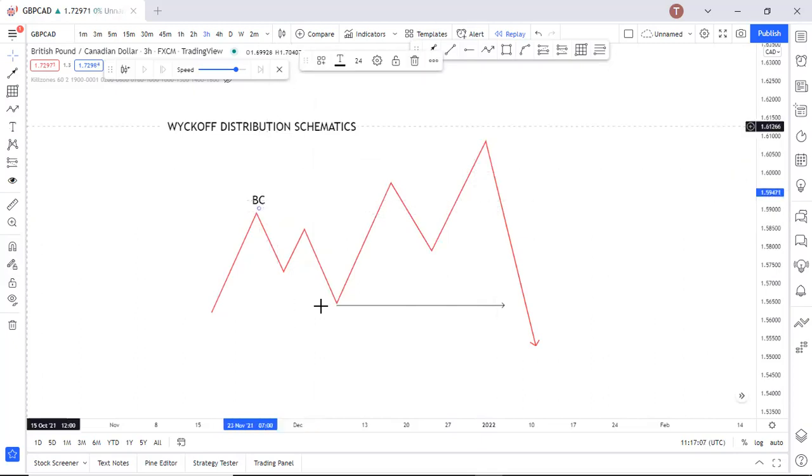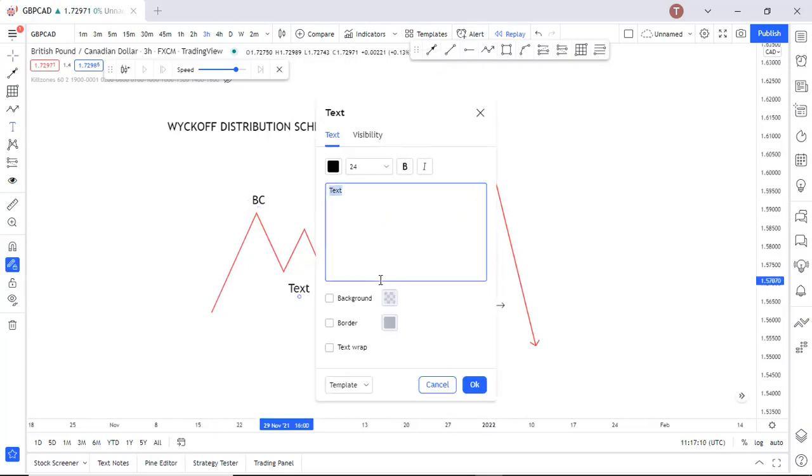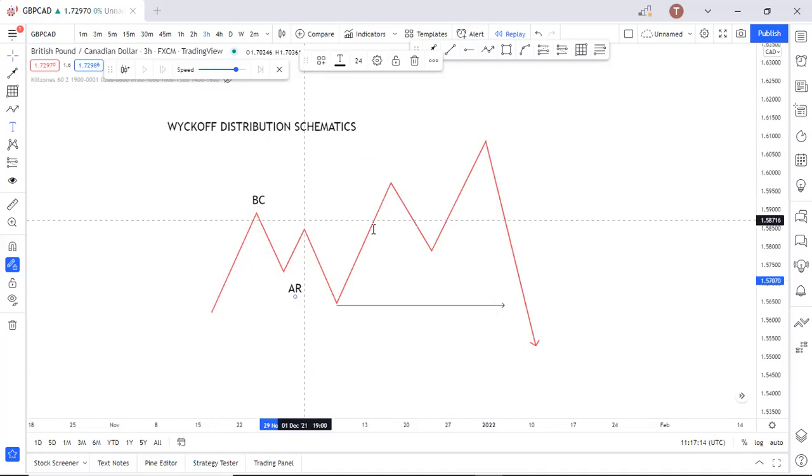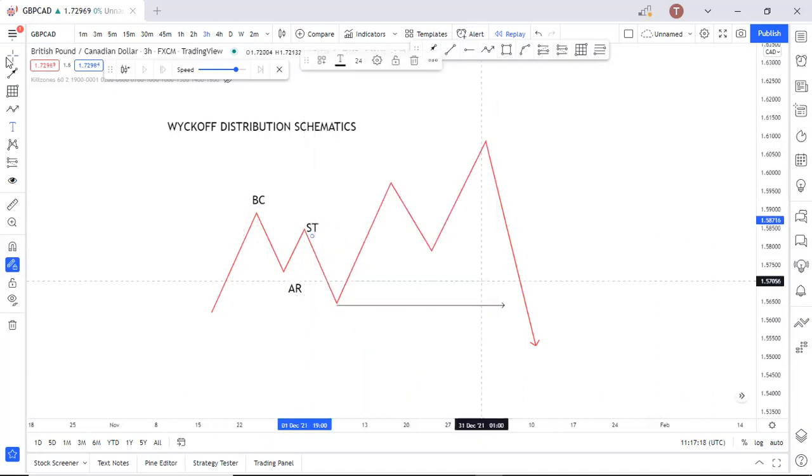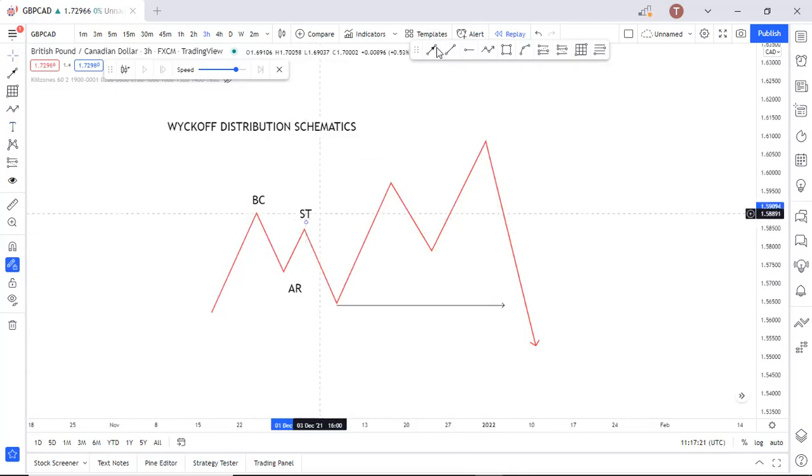After the buying climax, we have the automatic rally. Then we have the secondary test. So the BC is the beginning of the distribution.